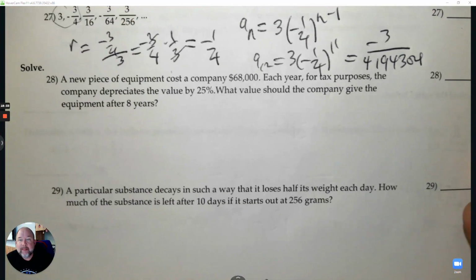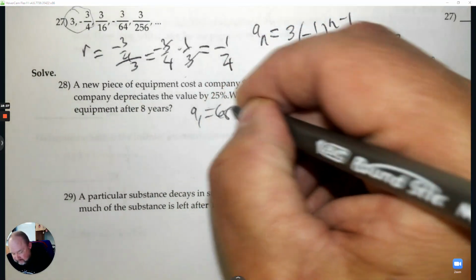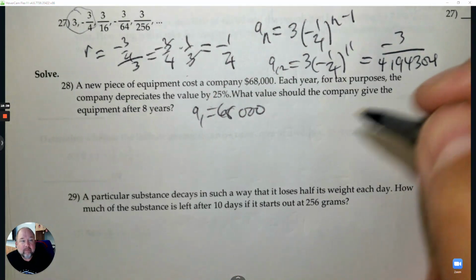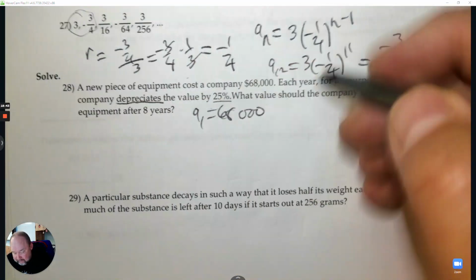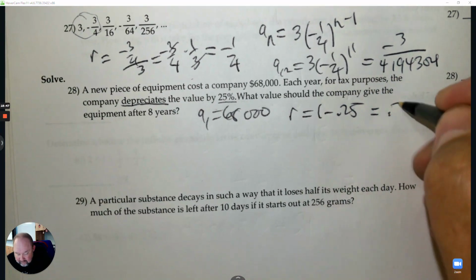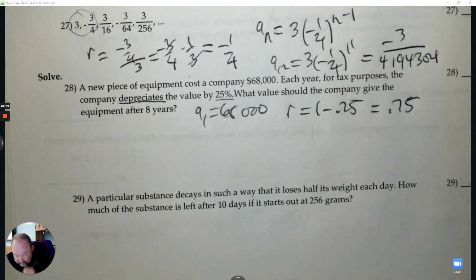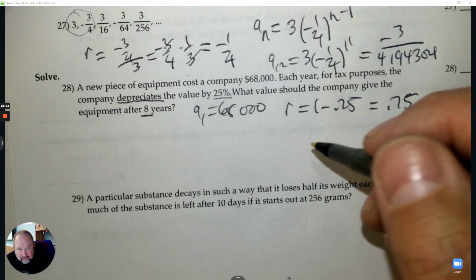Okay. A new piece of equipment costs $68,000. That's A1. For tax purposes, the company depreciates, means it goes down in value by 25%. So because it goes down in value, I'm going to go 1 subtract. And what value should the company give after 8 years? So I want to know the 8th term.